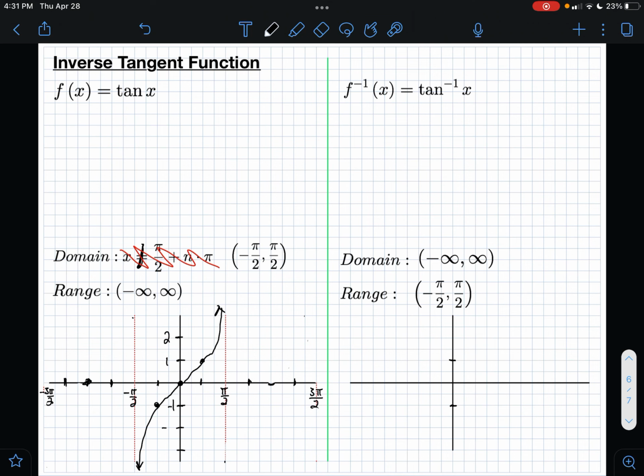and we have to basically flip them. Our x-axis now is where we should be counting by ones. And our y-axis now is where we need to be counting by pi over 4s.